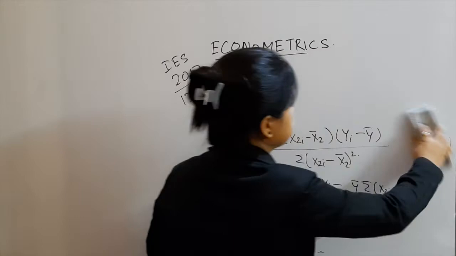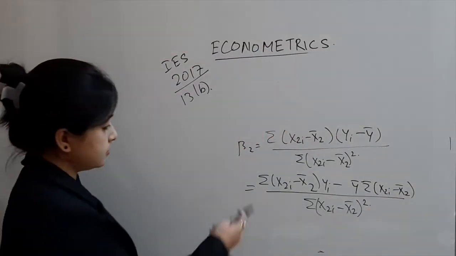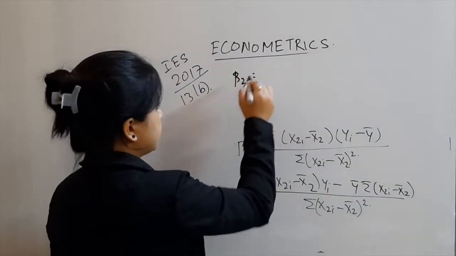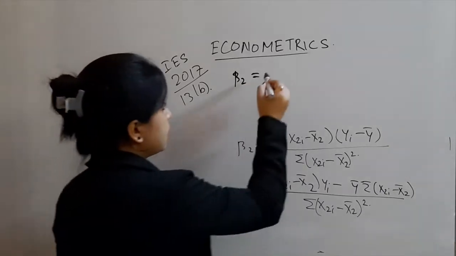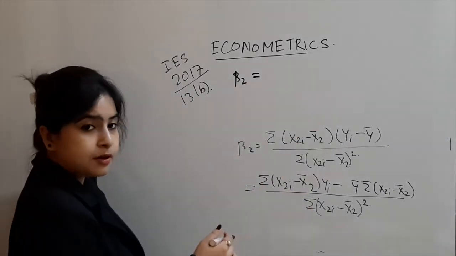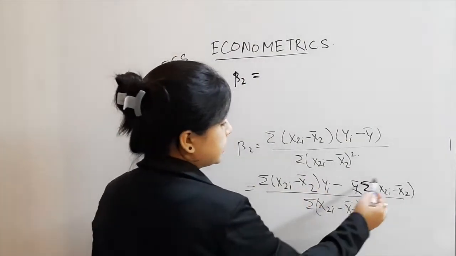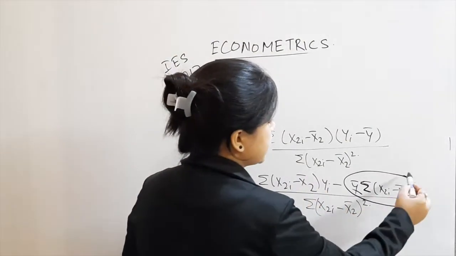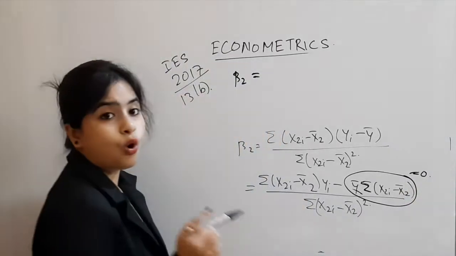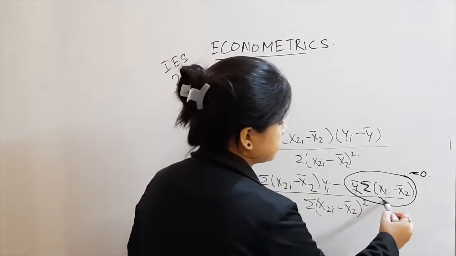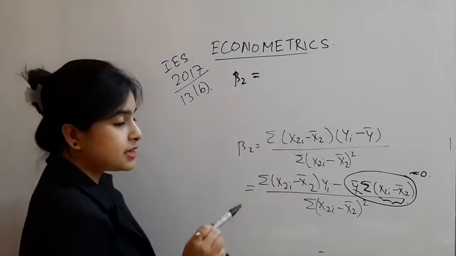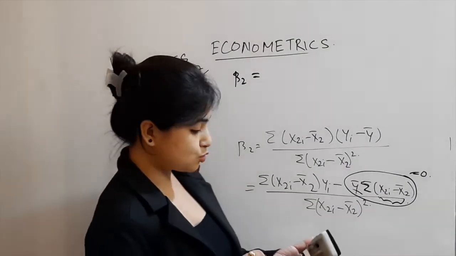Ultimately after this step we are only left with this portion, because this whole portion is equal to 0. Why? Because summation of (x2i minus x2 bar) is 0.